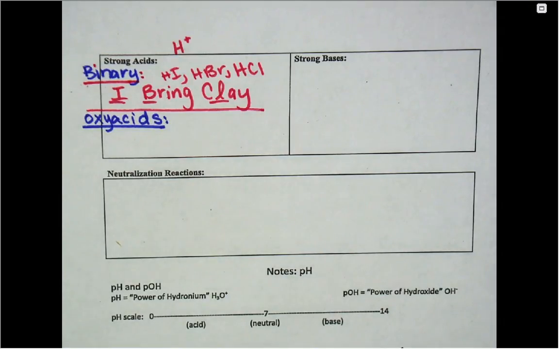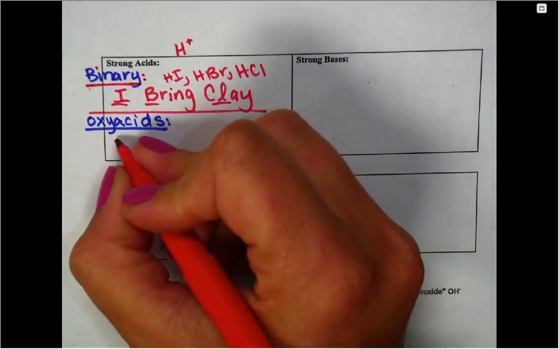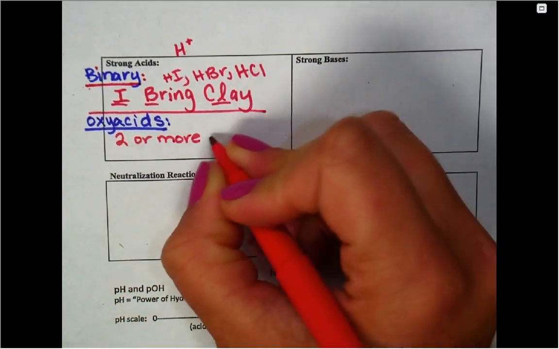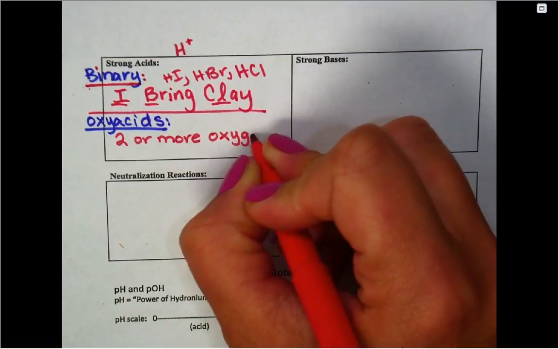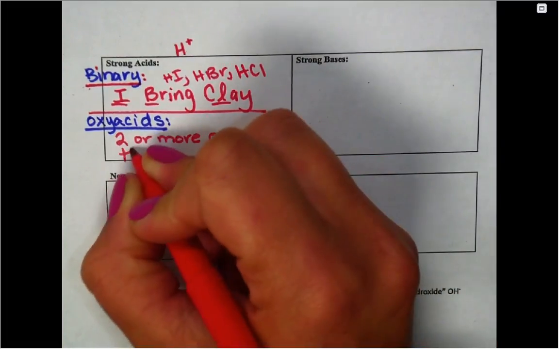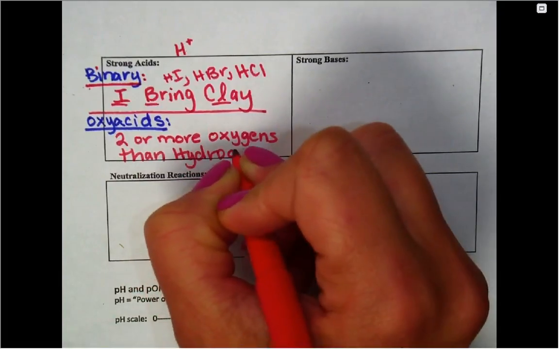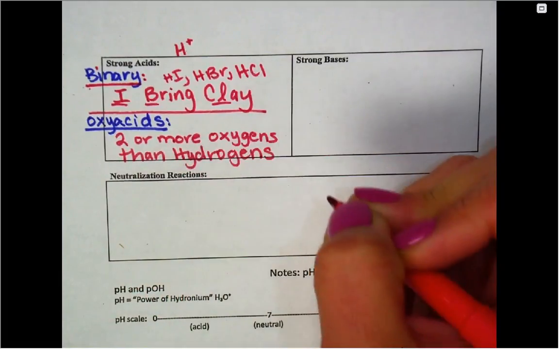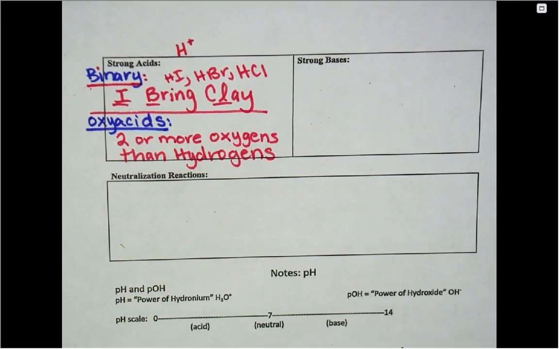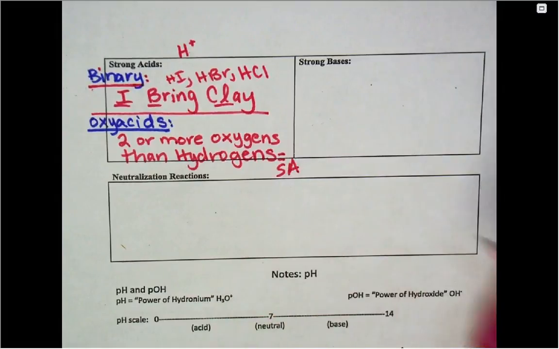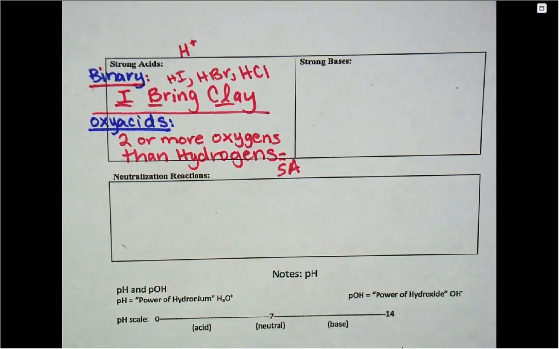It's 2 or more oxygens than hydrogens. If it has 2 or more oxygens than hydrogens, then that means that it is a strong acid. Okay?